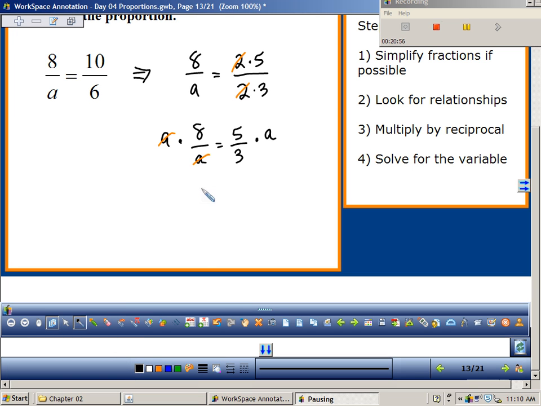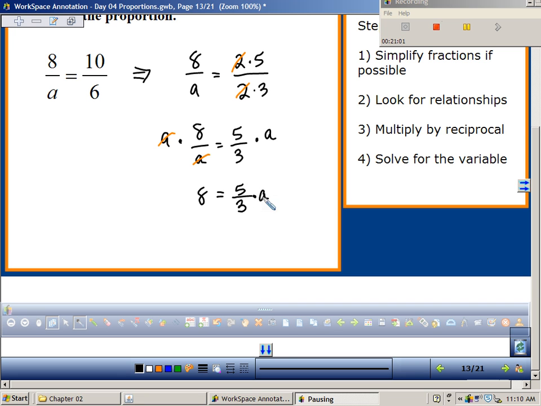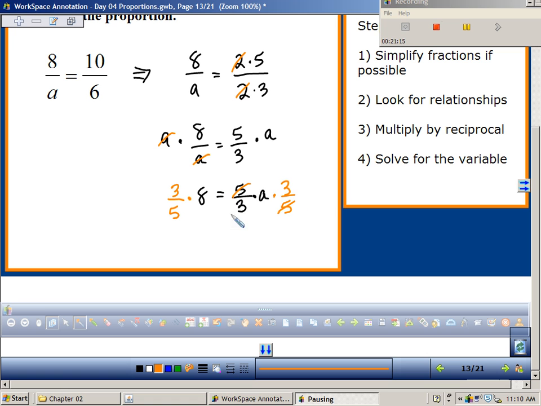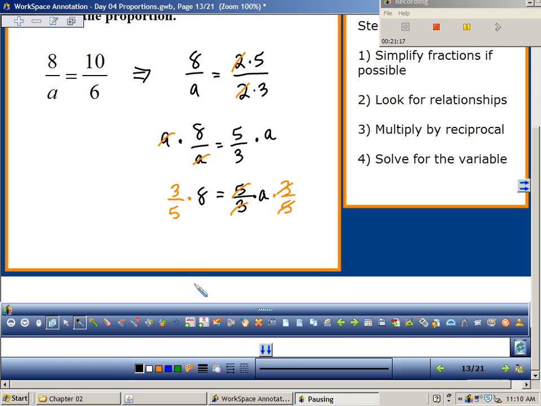And now I have 8 equals 5/3 times A. How do I get A by itself? Multiply by the reciprocal. 3/5 on that side, 3/5 on this side. My 5 cancels, my 3 cancels, and I'm left with 24 divided by 5 equals A. Did you get it? Good job.